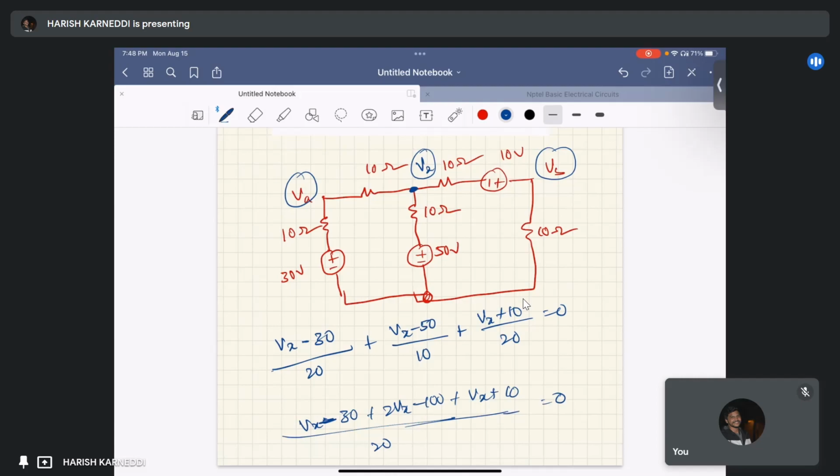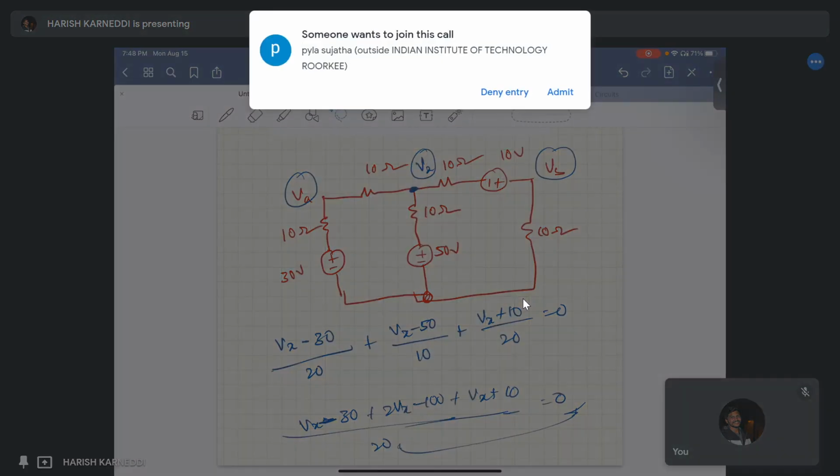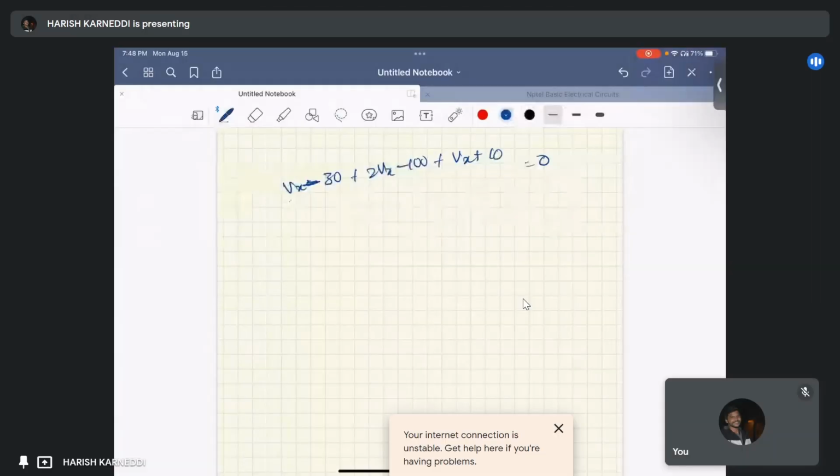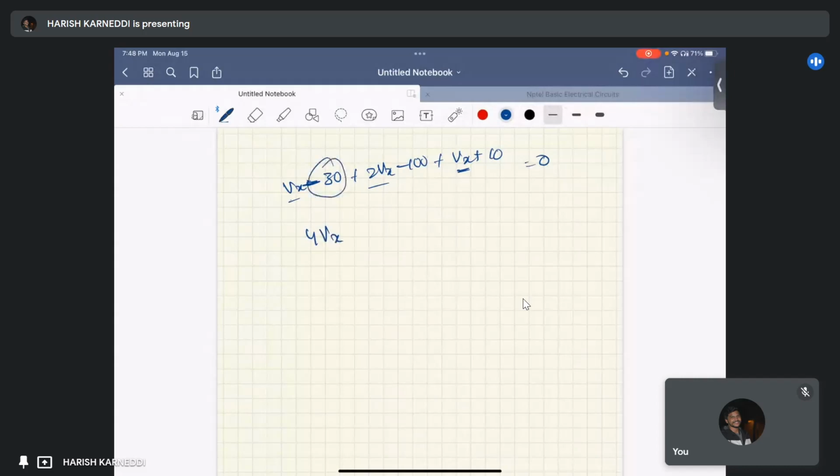Okay, this 20 will go to that side, so the new equation will be Vx plus 2Vx, that is 3Vx, plus Vx, 4Vx, minus 30 minus 100, that is minus 130, plus 10, that is equal to minus 120.